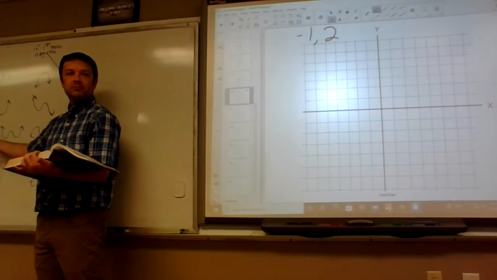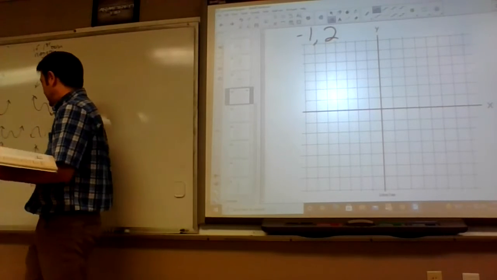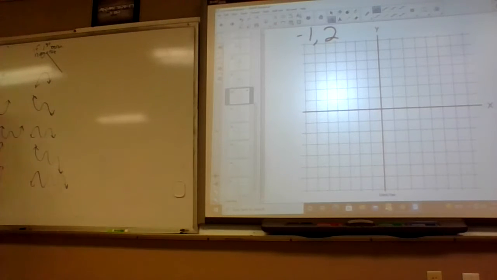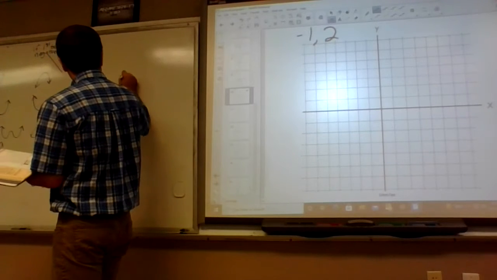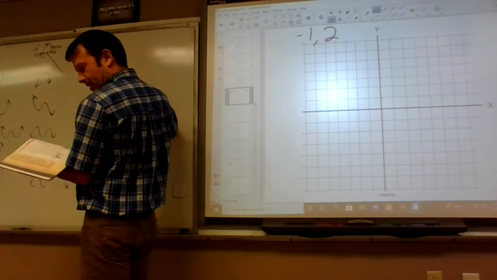Because there's only 2 roots, right? There's only 2 roots. One of them is called a cubic root.